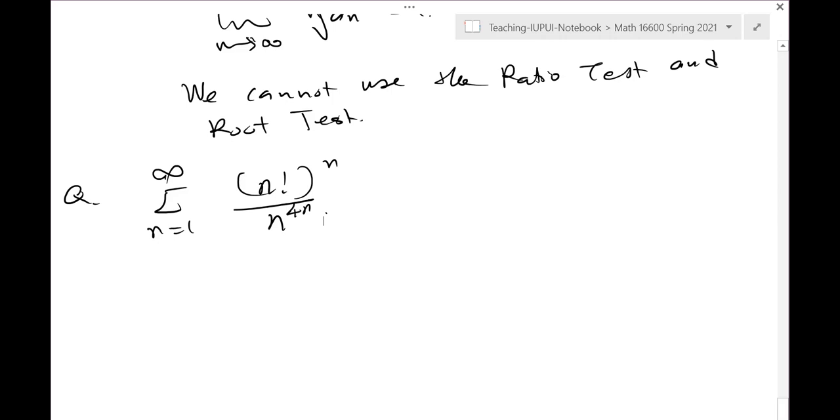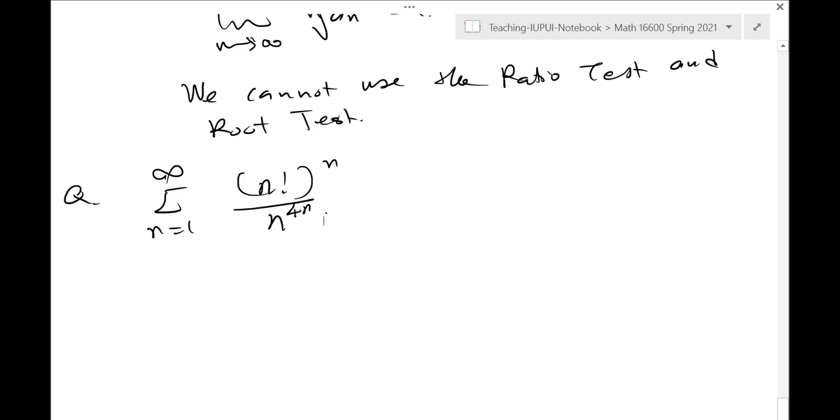Let's see. You see n factorial, you also see the exponential function. So I think I should try to use the ratio test.